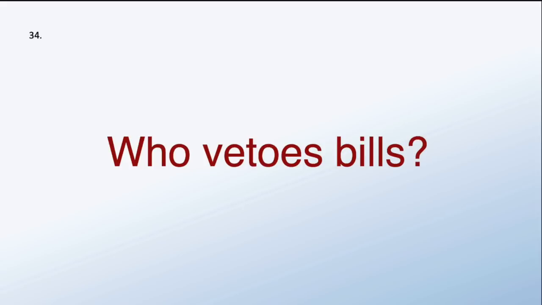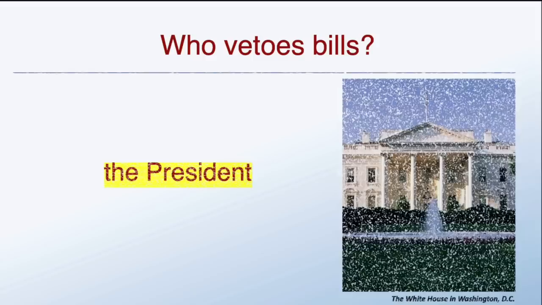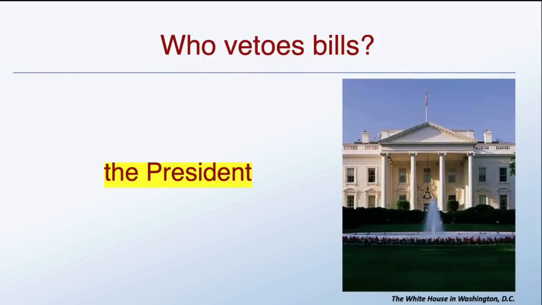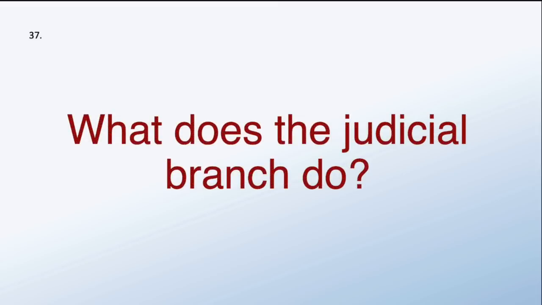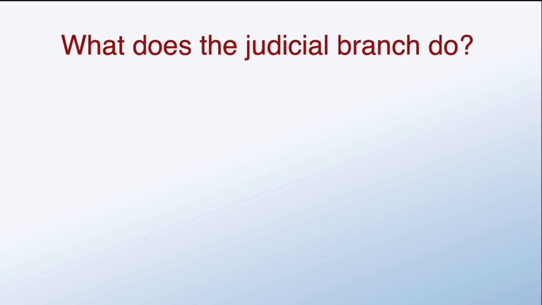Who vetoes bills? The President can veto a bill. What does the judicial branch do?